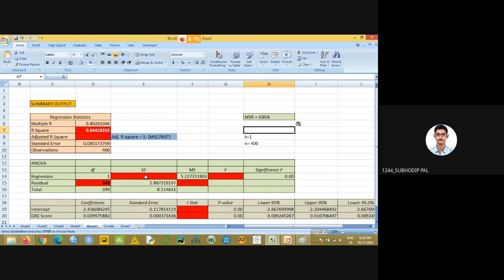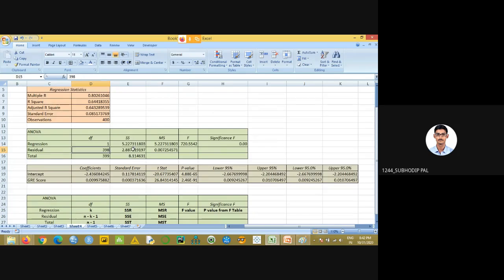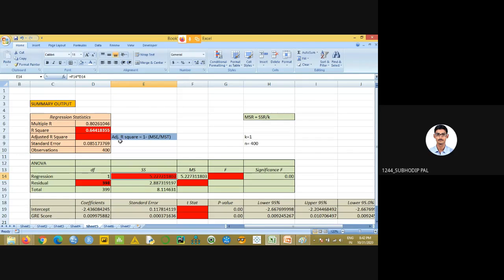So SSR will be MSR into k, into 1. The value will be the same as the degree of freedom value is 1. Both values are the same. Clear? Next is this.